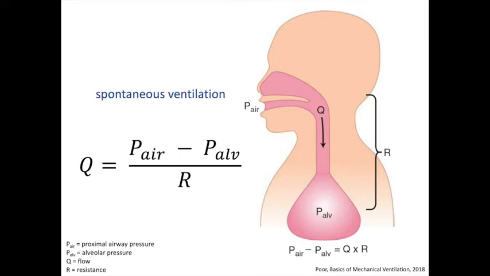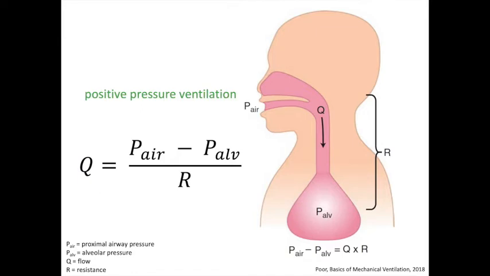With spontaneous ventilation, the diaphragms descend, intrathoracic pressure decreases, and as a result, there's a drop in alveolar pressure. The alveolar pressure is now less than proximal airway pressure, and that results in flow going into the patient. So in spontaneous ventilation, one sucks air into the lungs.